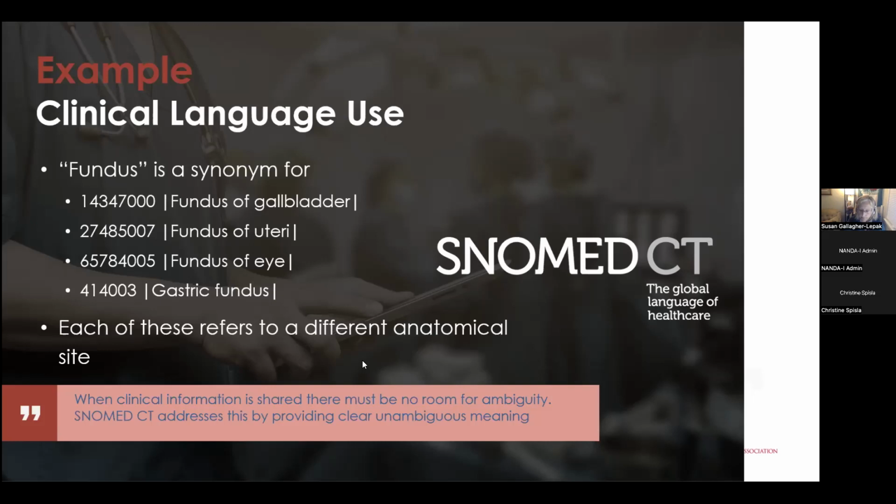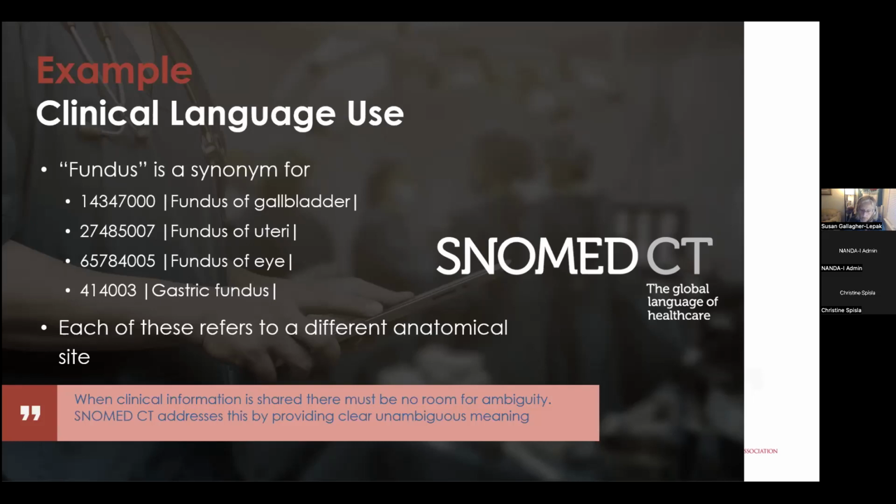But someone on the med-surg floor may be talking about a different fundus, someone in ophthalmology may be talking about a different fundus. And so here, the word fundus is a synonym for the fundus of the gallbladder and all these other body structures here.